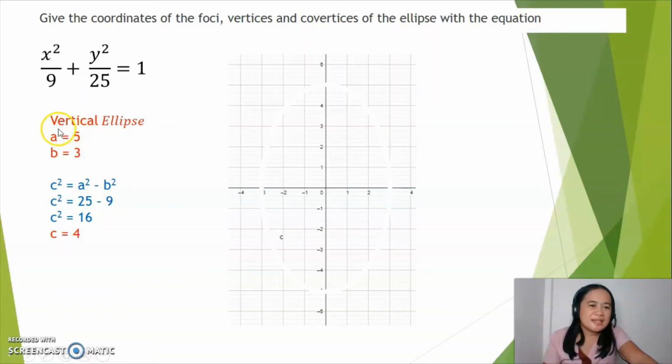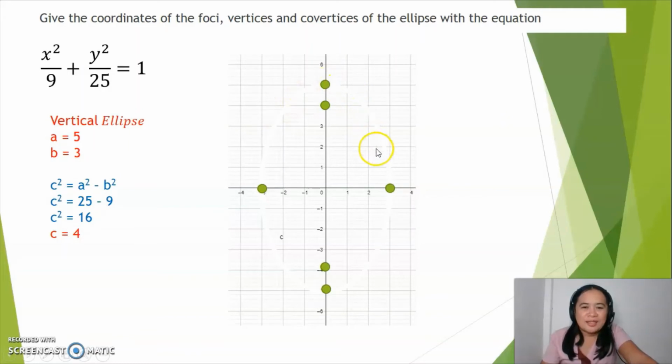Since this is a vertical ellipse, from the center, our a is 5, so 5 points to the top and 5 points to the bottom. And our b is 3, so from the center, 3 points to the right and 3 points to the left. And since our c is 4, from the center, 4 points up and 4 points down.